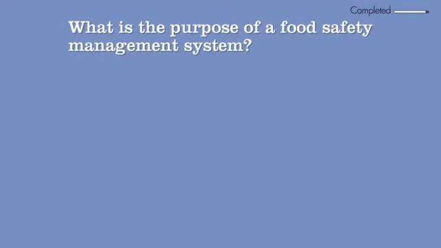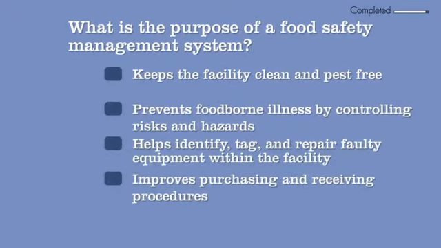What is the purpose of a food safety management system? You got it. A food safety management system will prevent foodborne illness by controlling risk and hazards throughout the flow of food.